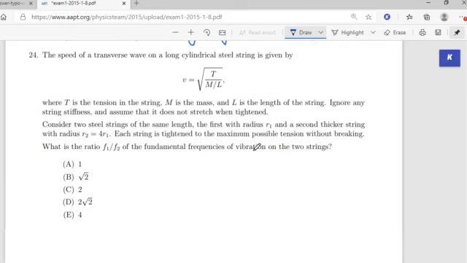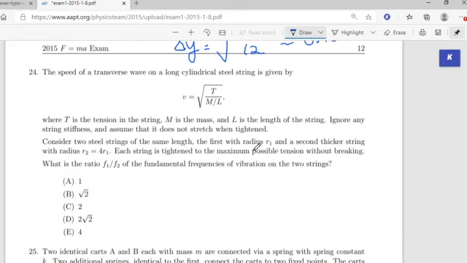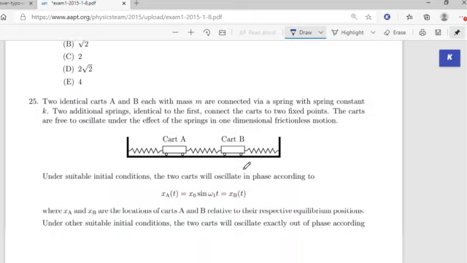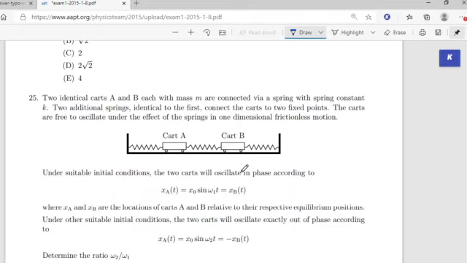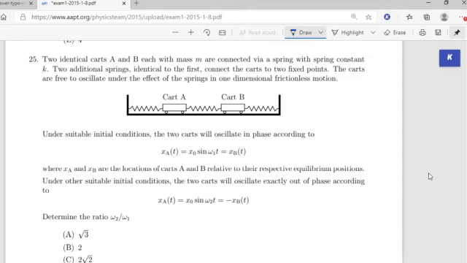Okay, and I do not know how to do this one. Let's see if I can do this one. Determine the ratio of omega sub 2 over omega sub 1. That is a good question.